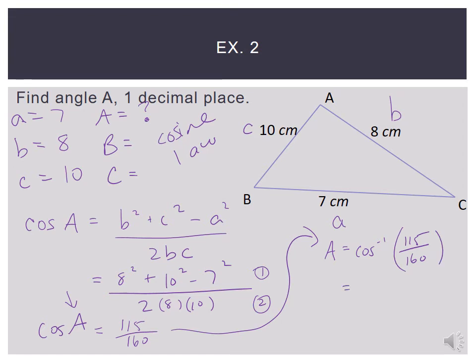And you type that in just like you see it. So shift or second function, cos, open bracket, 115 divided by 160. We want to go to 1 decimal place, which actually just rounds down to 44 degrees. So not too bad, just got to practice it.